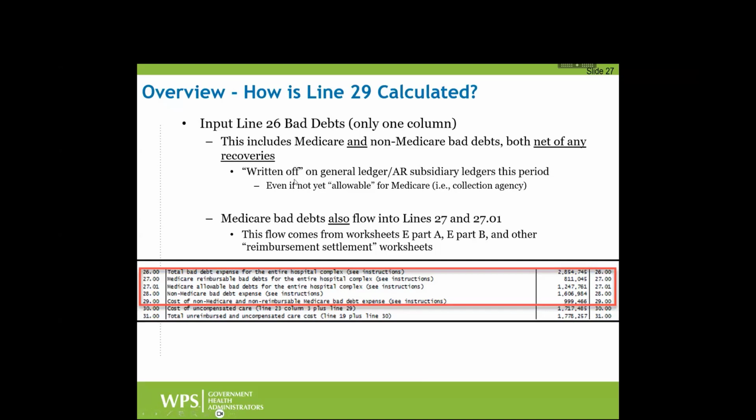The second rule, though, is that it has to be a bad debt that's written off on your general ledger during this cost reporting period, regardless of whether it met all the requirements for Medicare write-off on E-Part A. Now, what I want to stress here is that line 26, it's a write-off. It's not an expense.